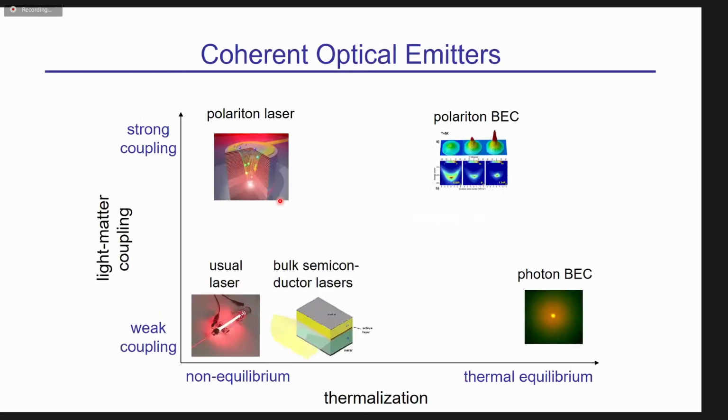To begin with, given that this is a laser physics session, let me start with a summary slide of coherent optical emitters. On the bottom scale, both lasers and Bose-Einstein condensates in general are in weak coupling. In a normal laser, one has no thermalization at all or little thermalization.